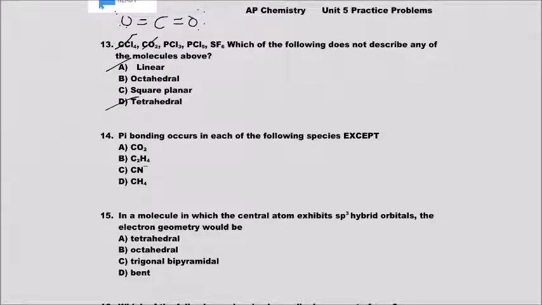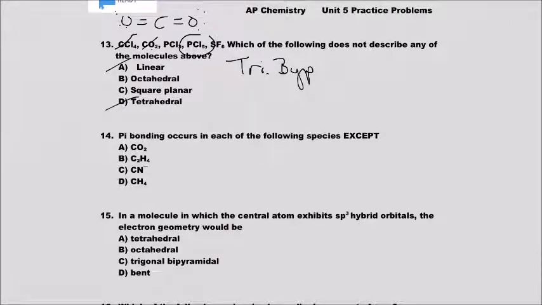And then I see PCl5 is phosphorus with 5 bonds. Ooh, phosphorus with 5 bonds is called trigonal bipyramidal. So I don't see that answer there. Let's look at that. And then the last one is SF6. So far we've had tetrahedral, linear, I marked those out.